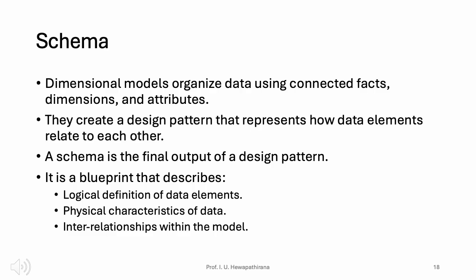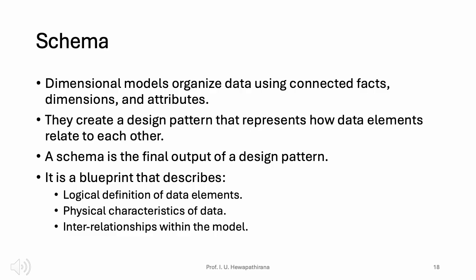We can now return to the concept of the schema with a deeper understanding. Dimensional models organize data by connecting facts, dimensions, and attributes into a coherent design pattern. The schema is the final output of this pattern. It is a blueprint that describes the logical definition of data elements, their physical characteristics, and the interrelationships that exist within the model.